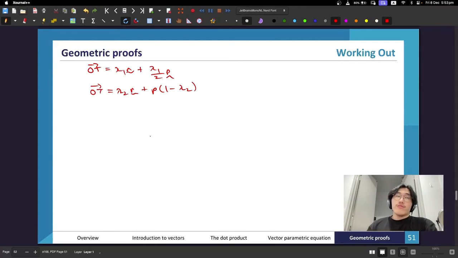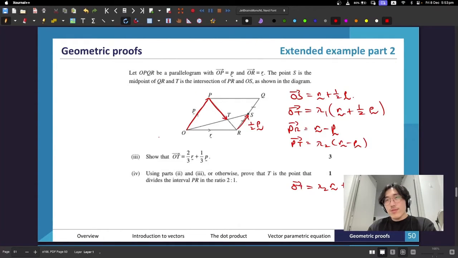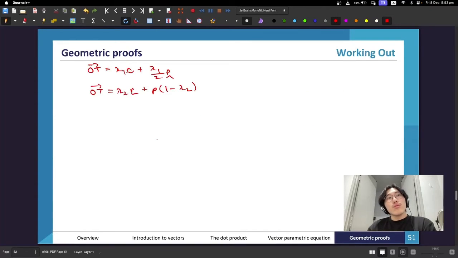Since these two vectors are equal, we can just equate them. So lambda 1 equals lambda 2 because we've equated the R values. And then we can now equate the P values. So 1 minus lambda 2 equals lambda 1 on 2. Let's just replace that with lambda 1 since they're supposed to be equal. 1 equals 3 lambda 1 on 2. Lambda 1 equals 2 on 3.